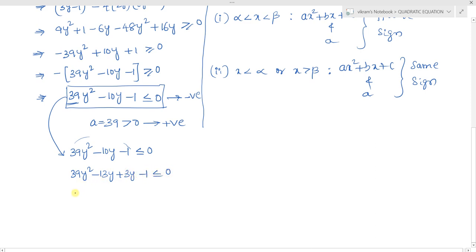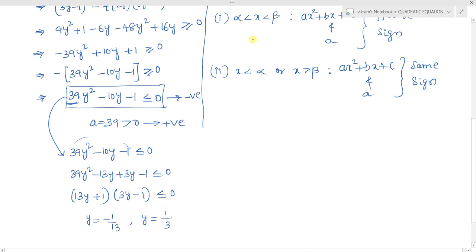We express this in factors as 13y plus 1 into 3y minus 1 less than or equal to 0. So we obtain the values y equals minus 1 by 13 and another value of y is 1 by 3.